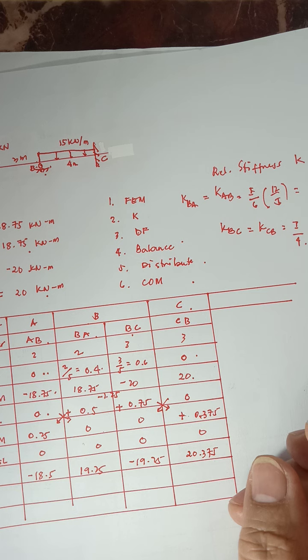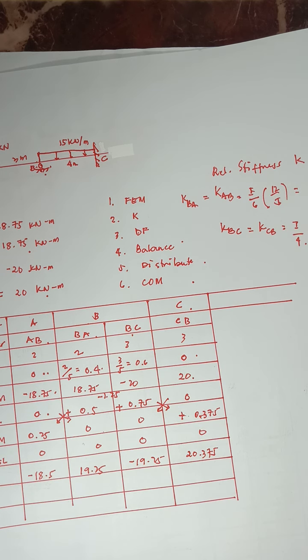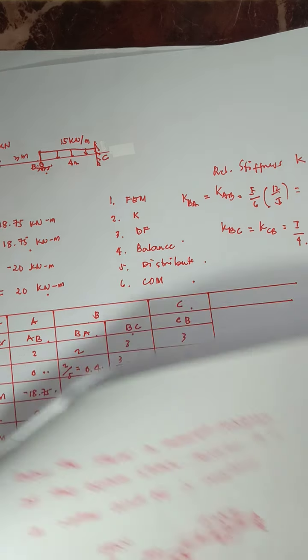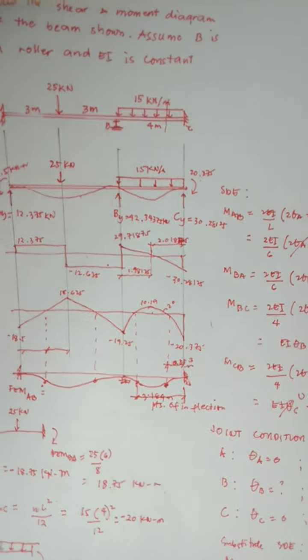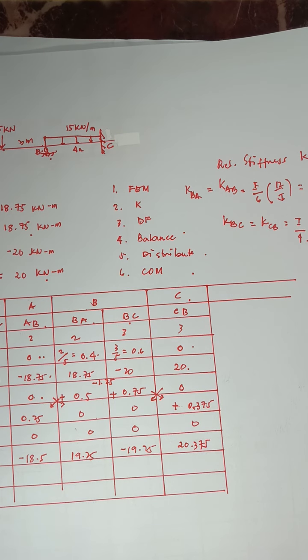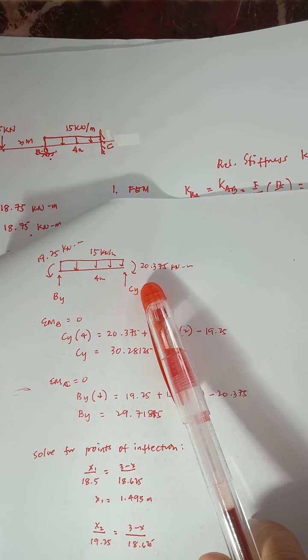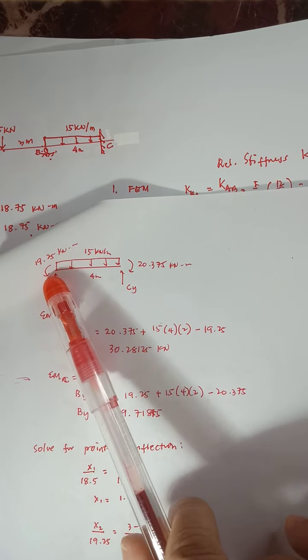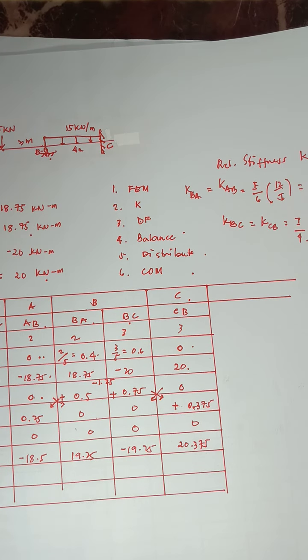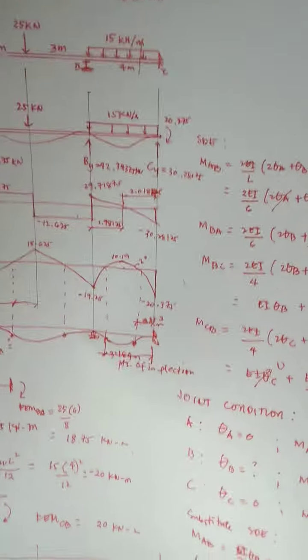Okay, so if you look at our example last time using the slope deflection method, what we solved was 20.375 for BC and 19.25 for BA.